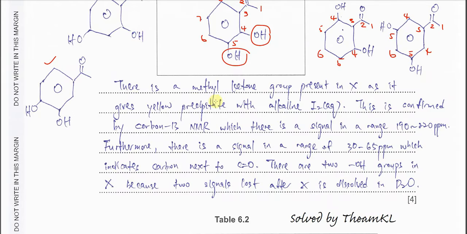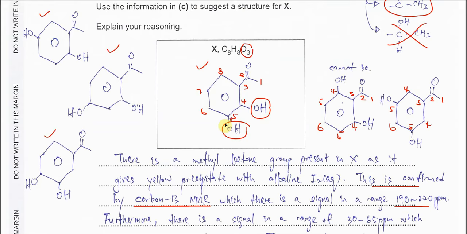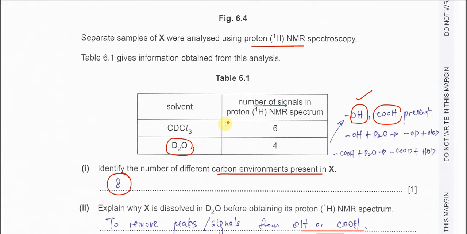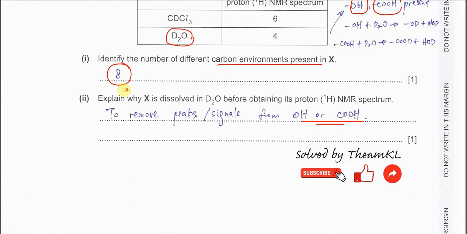There is a methyl ketone group present in X, as it gives a yellow precipitate with the alkaline iodine. This is confirmed by the carbon-13 NMR, where there is a signal in the range of 190 to 220. This signal is telling us there is a carbonyl carbon there, so it's a methyl ketone, not the alcohol.